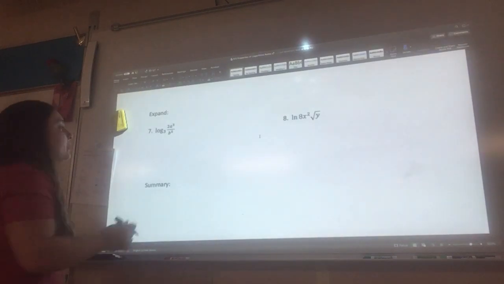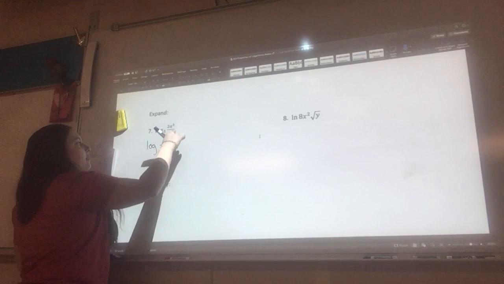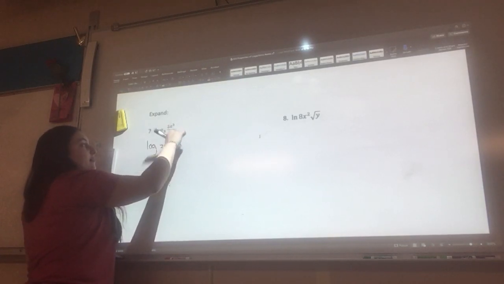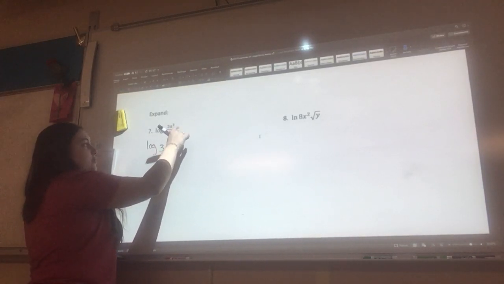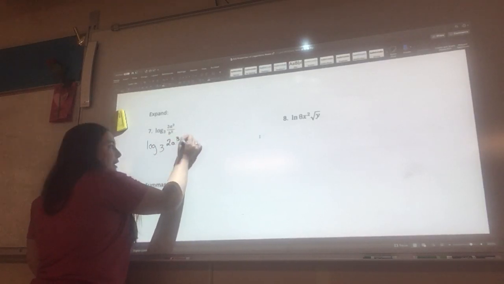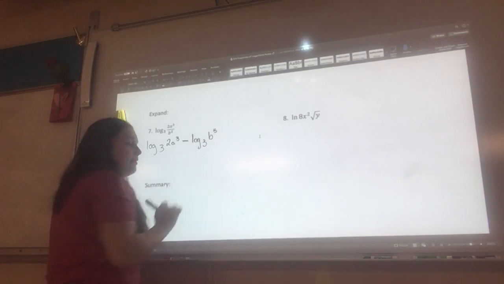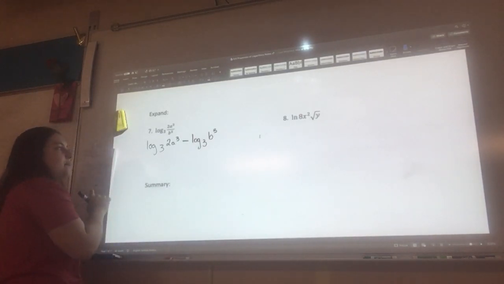So what this says is I have log 3 of 2a to the third divided by b to the fifth. So division means subtraction. So I'm going to say log 3 of 2a to the third minus log 3 of b to the fifth. Sweet.